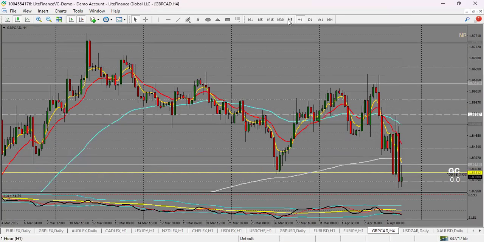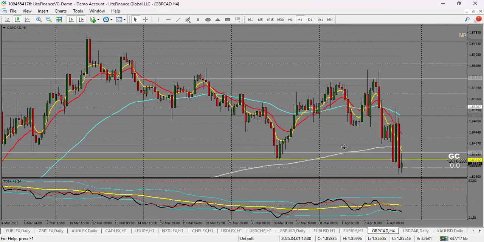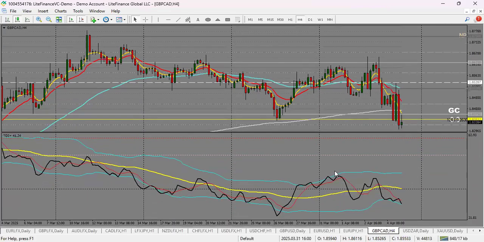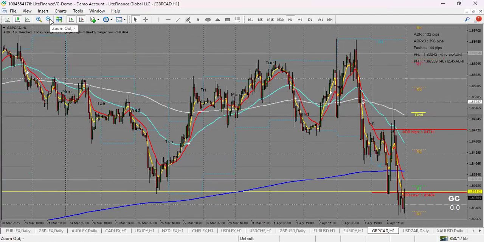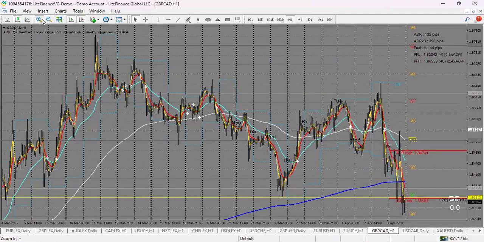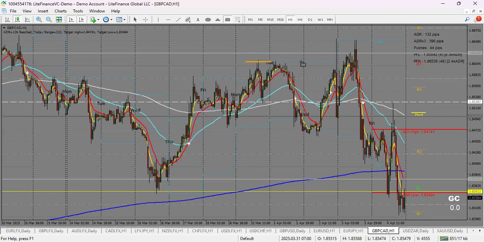So the hour time frame, where the shark fin is here. The TDI is simply not telling us anything useful. Let's go on the hour and look at the market structure. So here is the new peak.